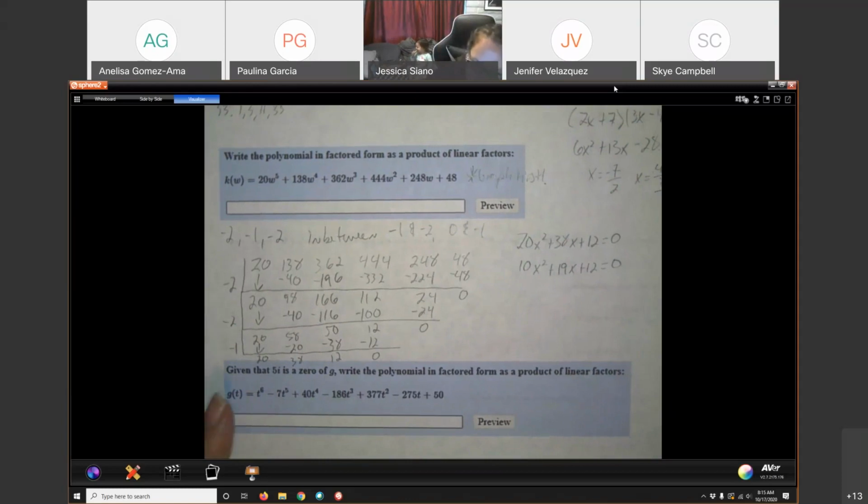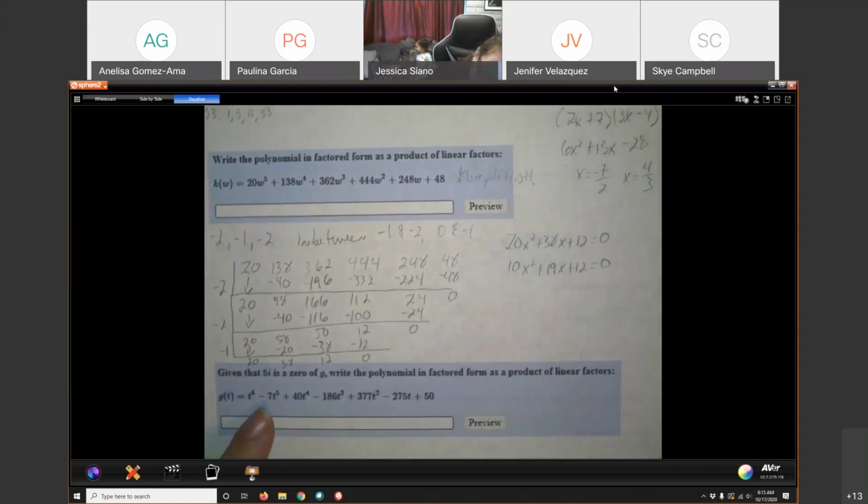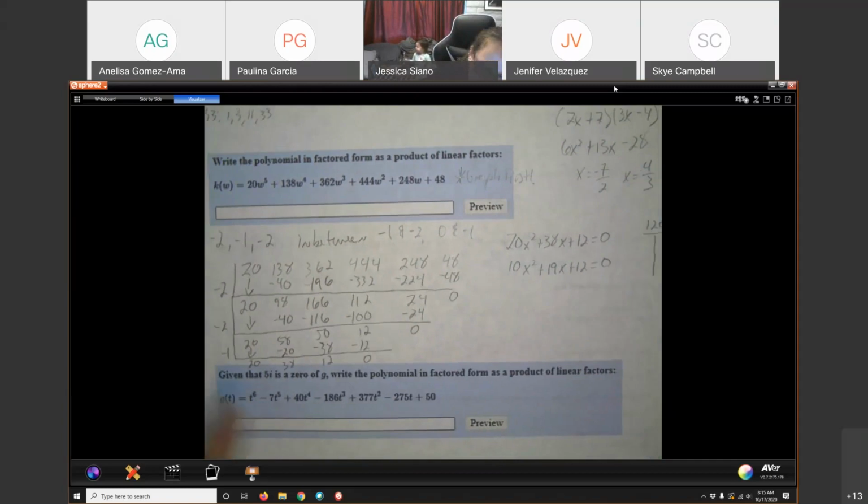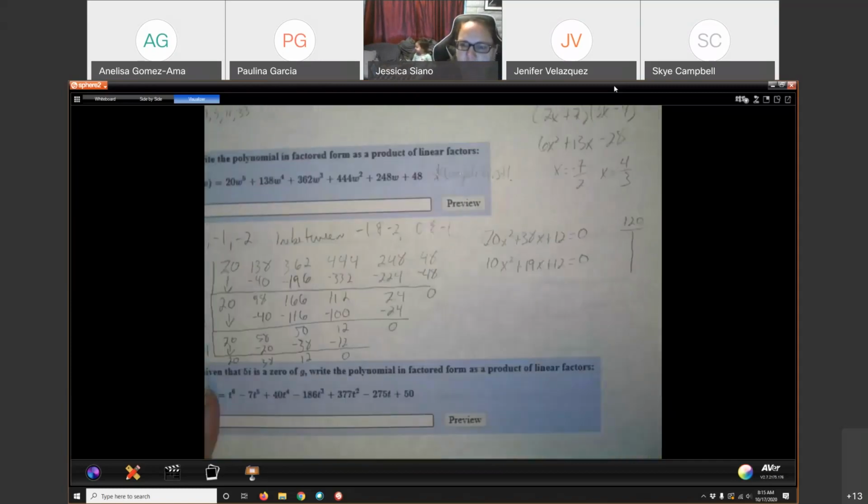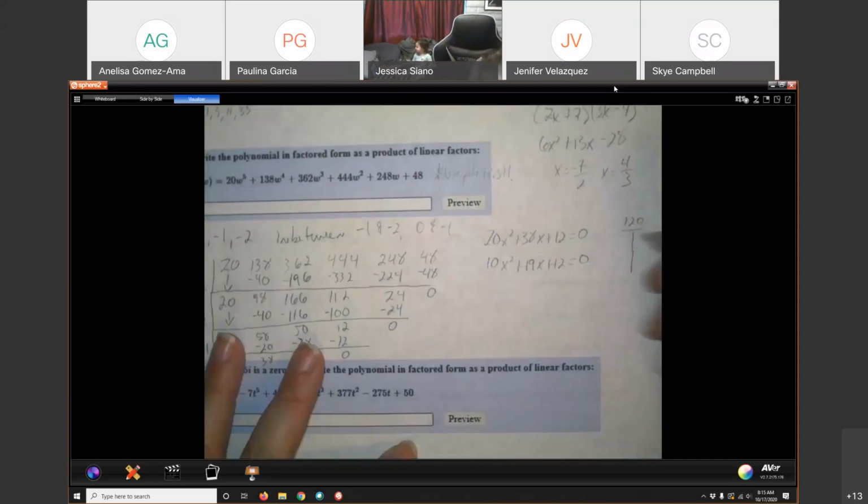And now let's factor. So 10 times 12 is 120. I need two numbers that multiply to 120 and add to 19. 1 and 120, 2 and 60, 3 and 40, 4 and 30, 5 and 24.